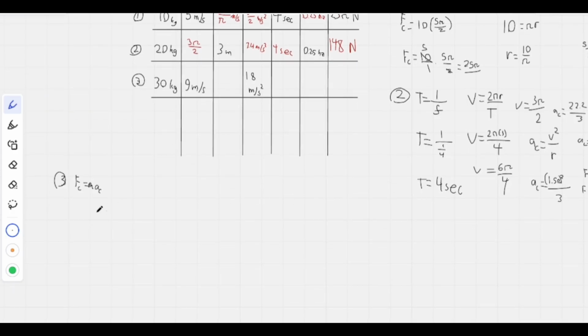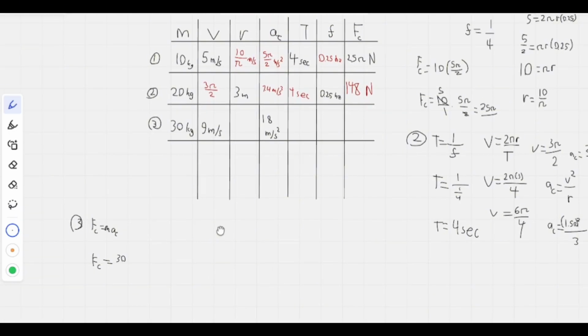Now our mass is given to us as 30 times our acceleration of 18 meters per second squared, and from that we get 520 newtons. Now we can plug that in here.